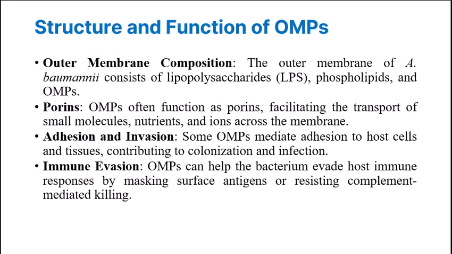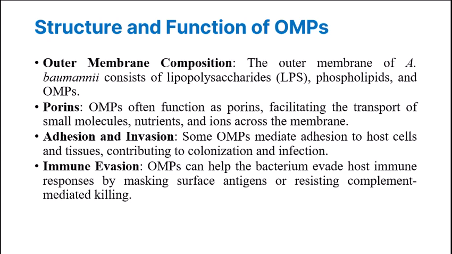The structure and function of outer membrane proteins. The outer layer of bacteria contains lipopolysaccharide, which acts like a strong outer shield, and then phospholipids form the basic membrane structure. Outer membrane proteins have special functions.